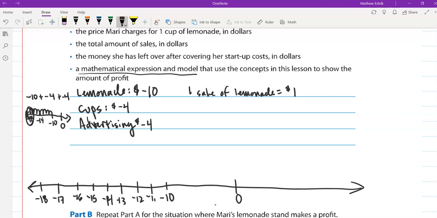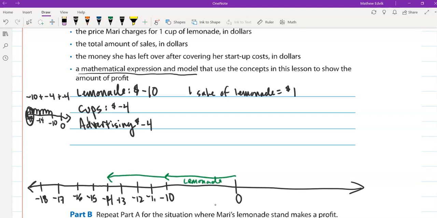Okay, so this is all of the money that she spent this way. So this is what she spent for lemonade. And then this is what she spent for cups.